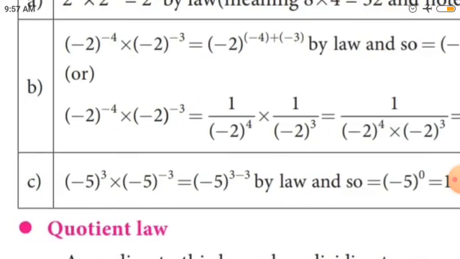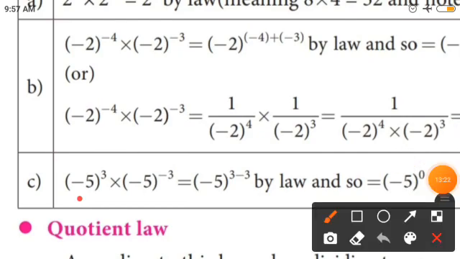Next, third question, (-5) power 3 into (-5) power -3.